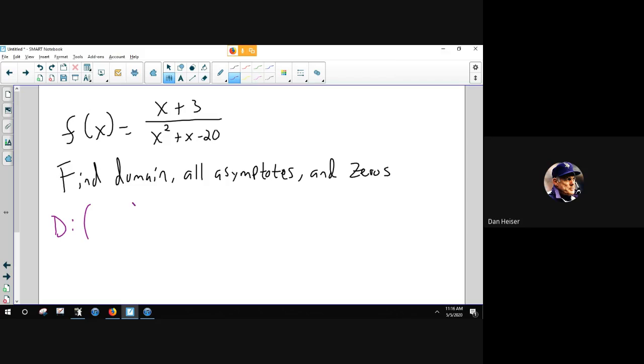We'll get 2 of them: negative infinity up to negative 5, union negative 5 to positive 4, and then union 4 to infinity.